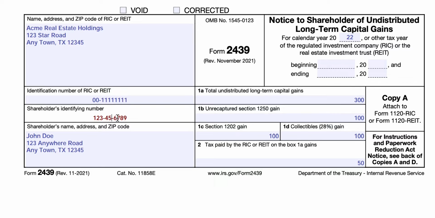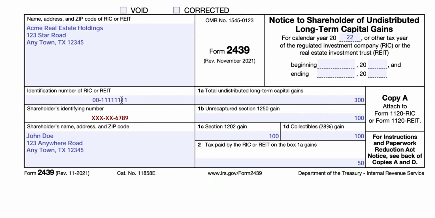Now, most of the time, what you will see as a taxpayer is a truncated version of your taxpayer ID number, whether it's your social security number for individuals, whether it's the employer identification number for corporations, estates, and trusts, and other entities.